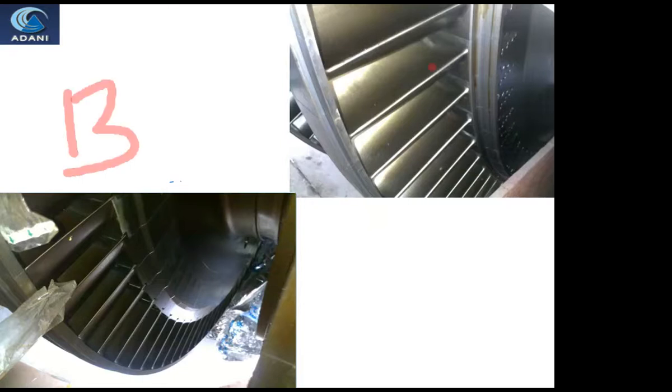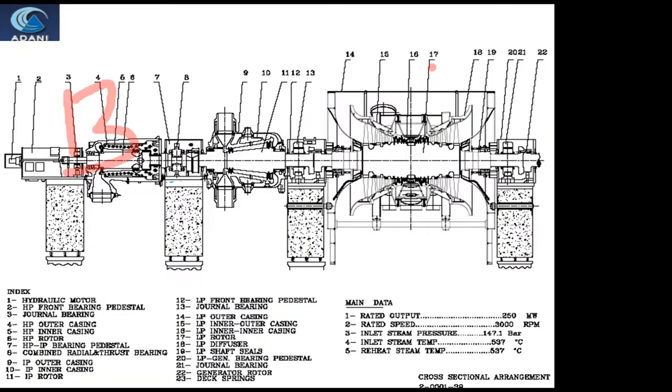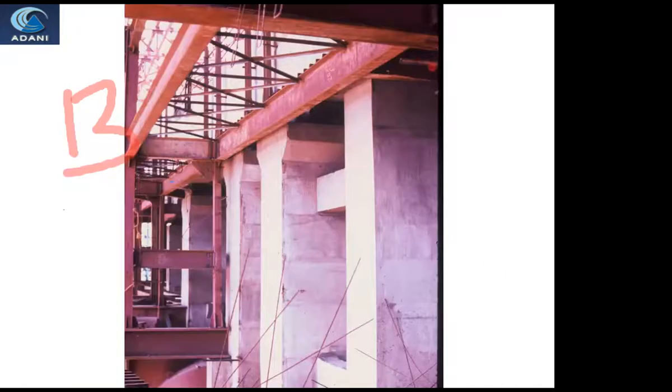So there are some blades. This is the general arrangement of the turbine: foundation, HP turbine, IP turbine, and LP turbine.